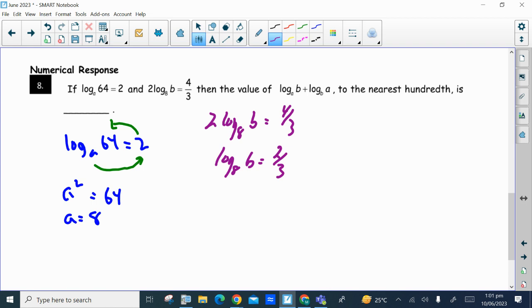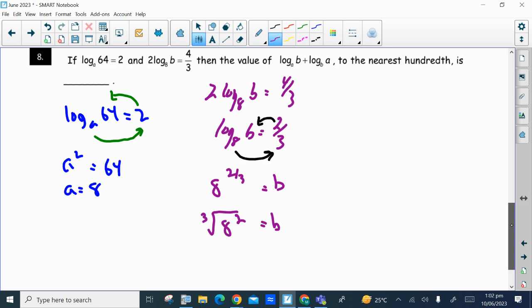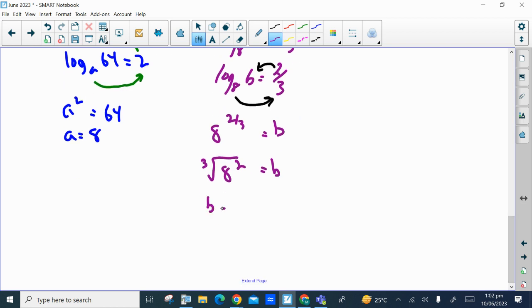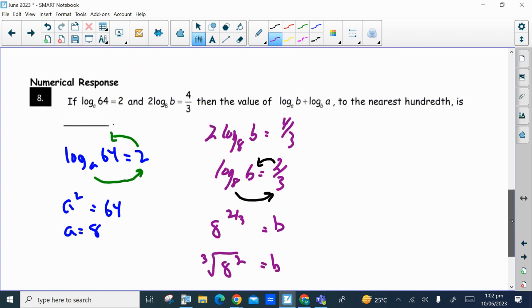And then if we convert from logarithmic to exponential, start with the base and cycle through, it'll be 8 to the 2/3 equals b. And 8 to the 2/3 can be evaluated because power 2/3 means cube root squared. The cube root of 8 is 2, and 2 squared is 4. So there's our b value.